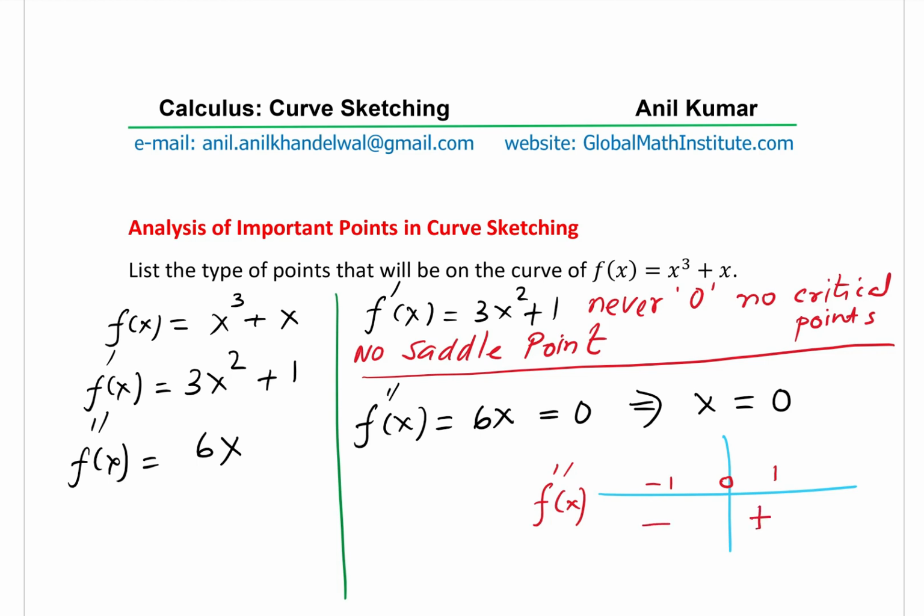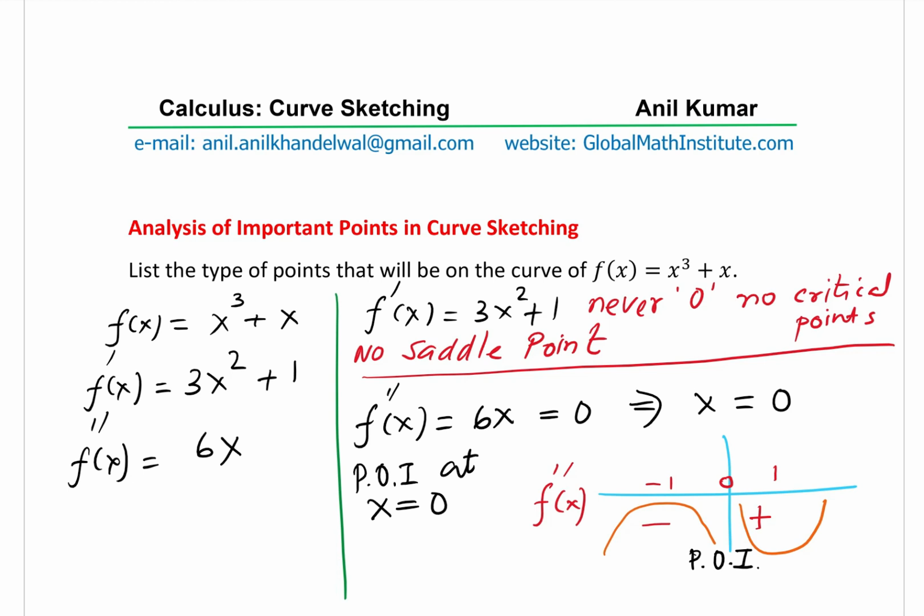Negative means concave down, and positive means concave up, and that clearly means we have a point of inflection at x equals 0. So you notice that we could have a point of inflection but not a saddle point. You get the idea? That is important to understand.